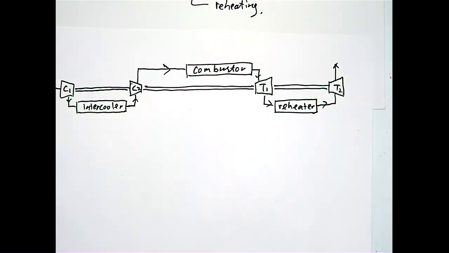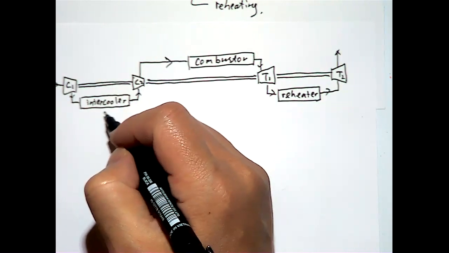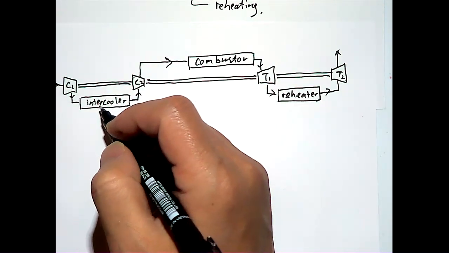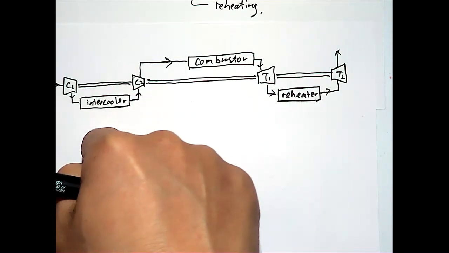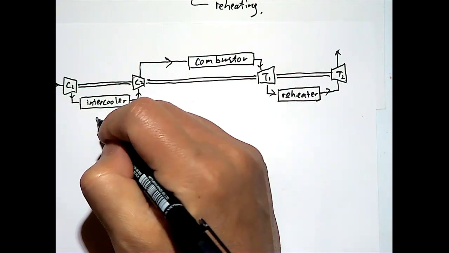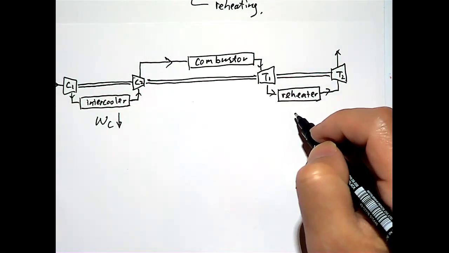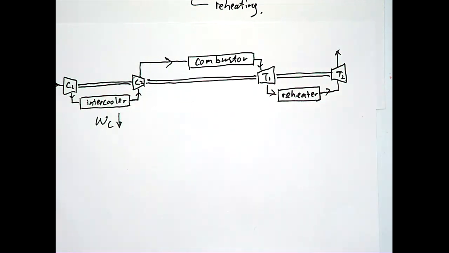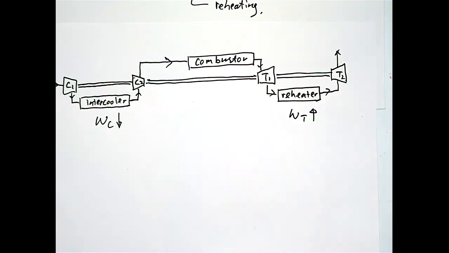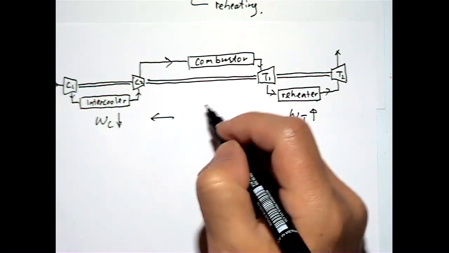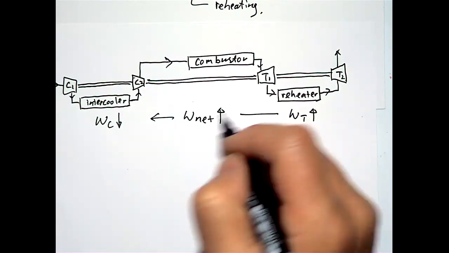Right. So the idea, again, as said, with the intercooler, you take away some of the heat from the system and keep the volume low to reduce the compressor work. And in this case, you keep the volume up to increase the turbine work. All right. So with this, you can have the net work go up, right?